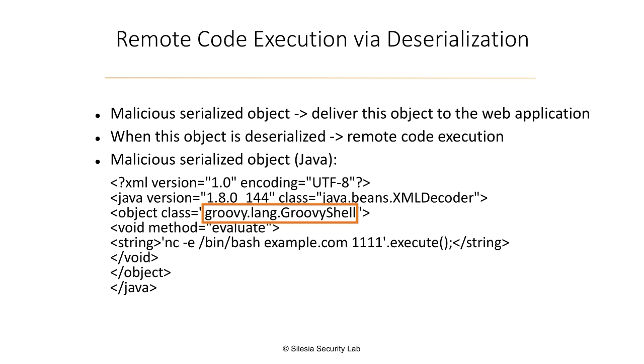It has to be loaded in the class path so that it works. Connecting all the dots, we get a reverse shell connection as a result of remote code execution via deserialization, right? Maybe a little bit complicated, but this is how it works. So let me now jump to the demo and show you how it works in practice.